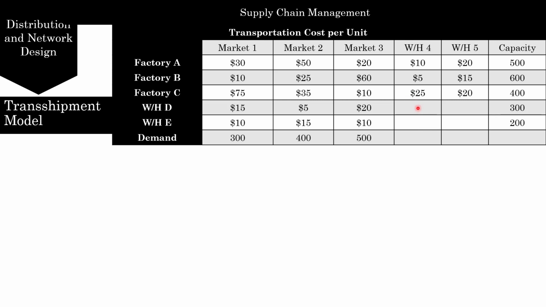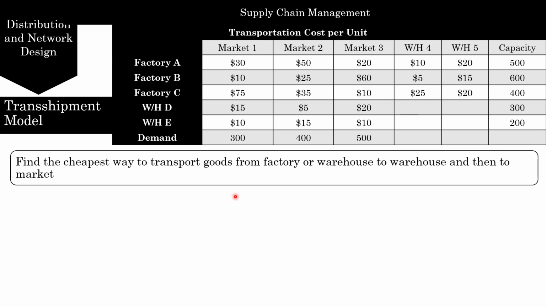If you have a processing fee, let's say you're sending something through warehouse D and there's a processing fee, let's say $5 per unit, that would be a warehouse cost at D4, right? Similarly, you don't have anything which goes from D to warehouse E or warehouse 5. So there's no warehouse to warehouse transactions here, so we just leave that blank.